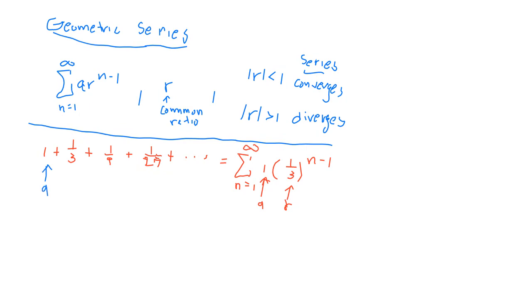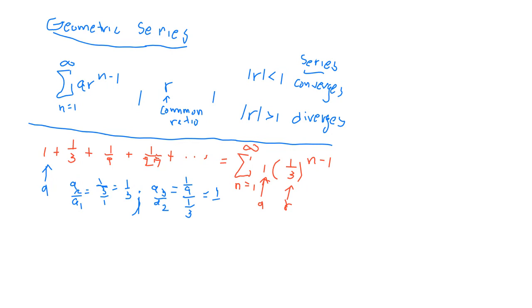Now, what's this common ratio mean? Well, if you take the second term of the series and divide it by the first term of the series, that's 1/3 over 1, which is a third. If you take the third term and divide it by the second term, that's a ninth divided by a third.